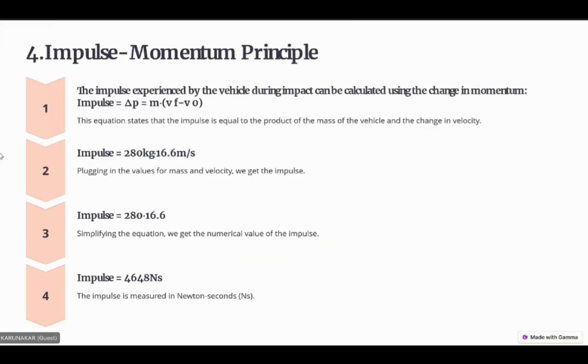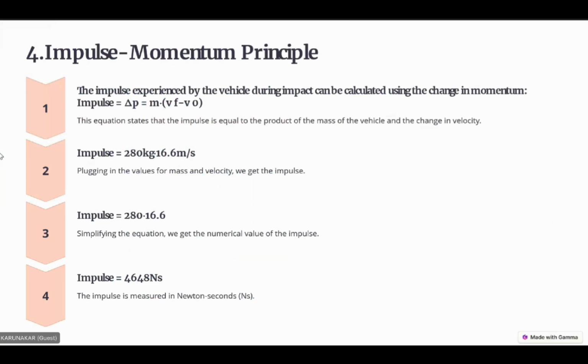Moving on to the next slide, we will discuss the impulse momentum principle. The impulse experienced by the vehicle during the impact can be calculated using the change in momentum. As you see, the impulse momentum ΔP equals m into (Vf minus Vo), the final velocity minus the initial velocity.